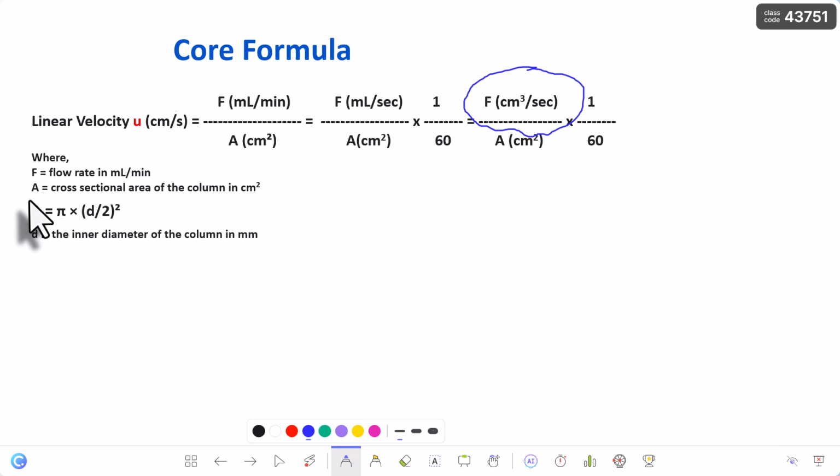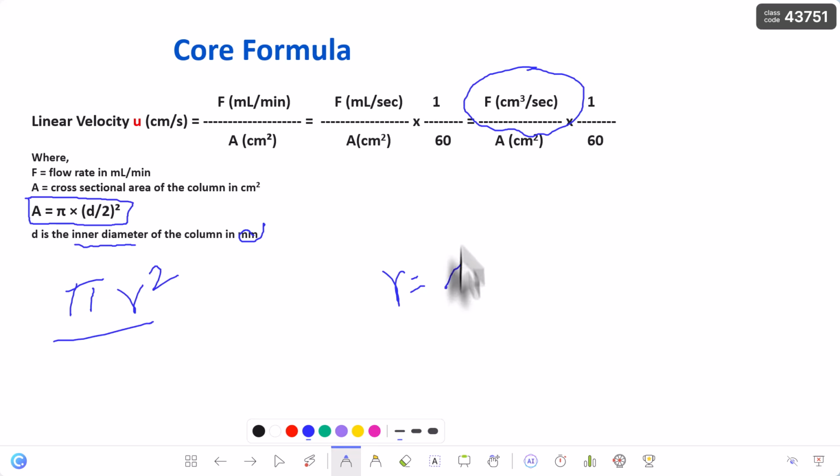So A is nothing but the cross-sectional area of the column, and this can be expressed as pi r square. But most of the time, r is not available in the column dimensions. The column dimensions always give an inner diameter, and this inner diameter can be used to calculate r.